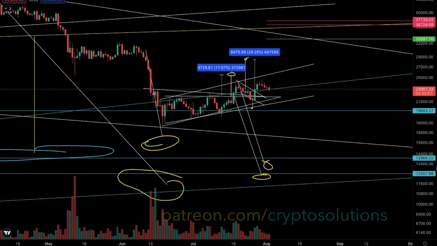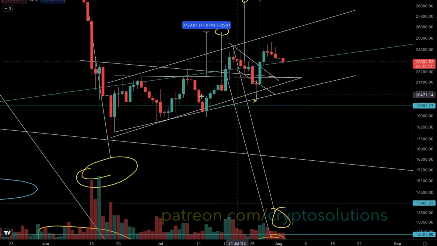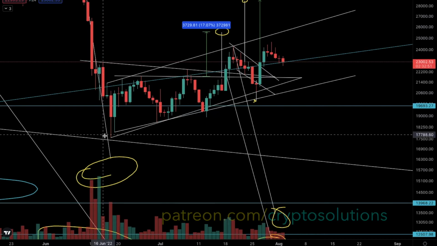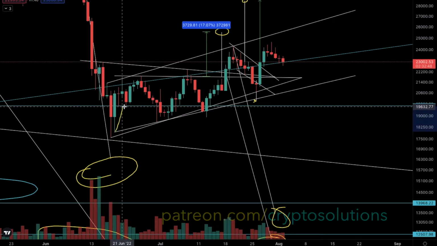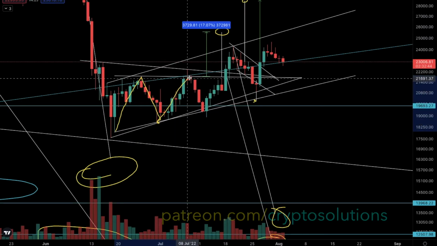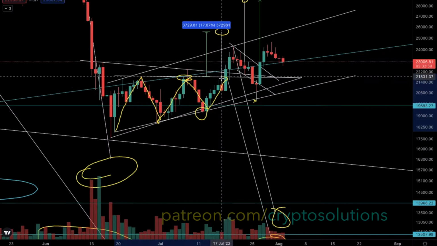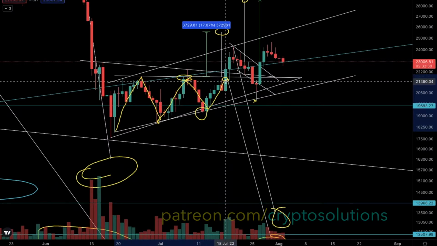And I'm going to show you a bunch of patterns that I saw here. The first pattern I want you guys to see is this one. Support here, resistance here, support here, resistance here, and then support again. And then this was a resistance right here.